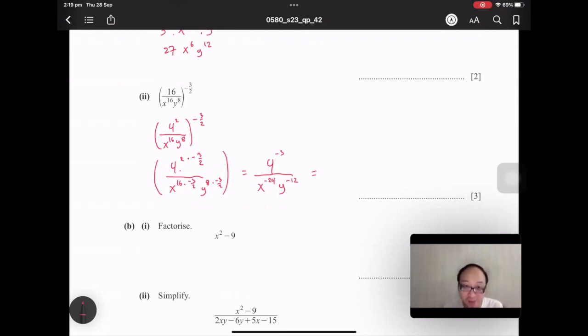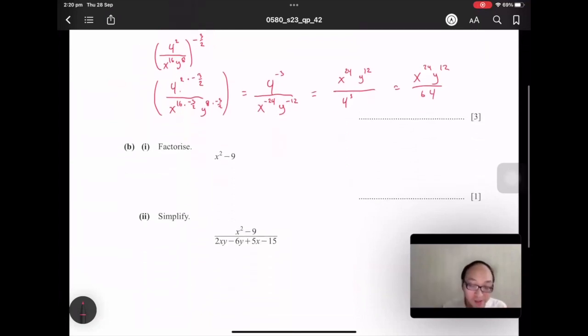Negative means the reciprocal. So I can change the positions: x^24, y^12, and 4 to the power of 3. 4 to the power of 3 is 64. So x^24 y^12 over 64.